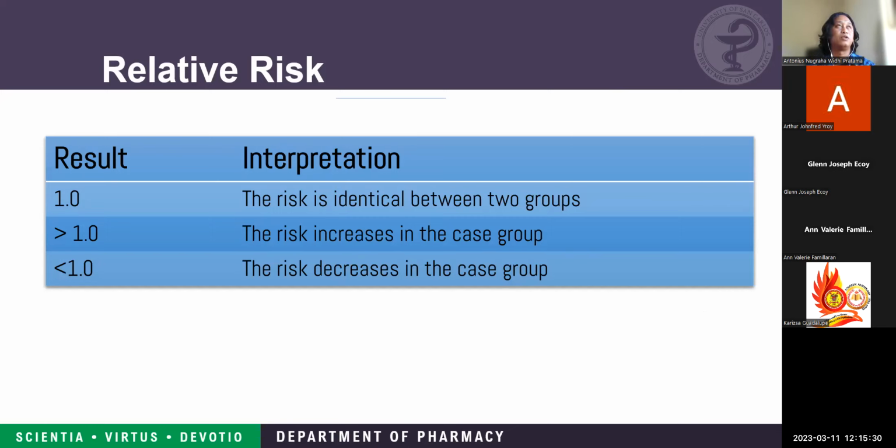It means there is no difference between groups. If more than one, the risk increases in the case group, and less than one means the risk decreases. In case control studies, we use the terms risk factors and also protective factors. I think it is also in the same essence, with the decrease of the risk.